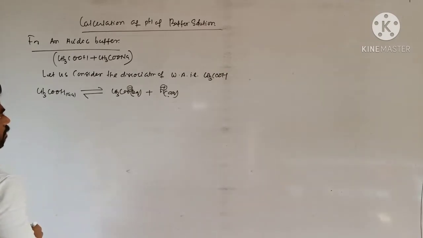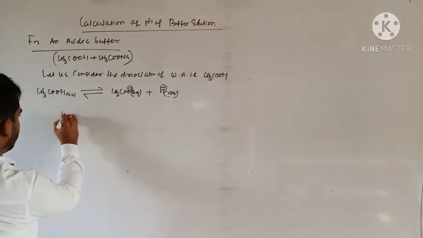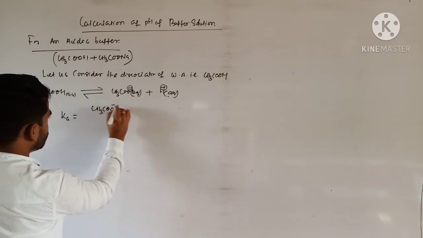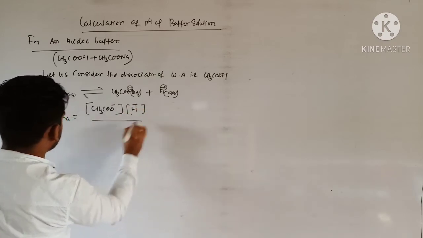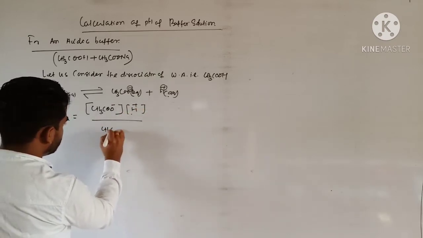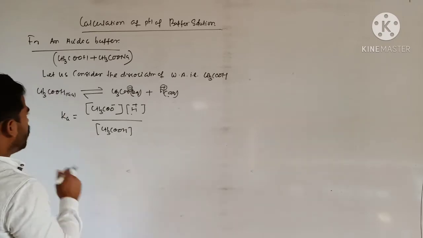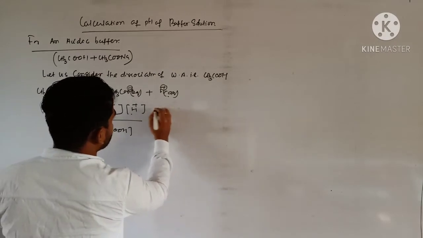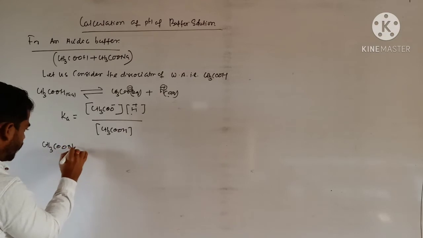Now if I need to find out the acid dissociation constant, that is Ka, that will be equal to the concentration of product CH3COO minus times H plus divided by CH3COOH concentration. Clear? Now look here. In this buffer there is also dissociation of a strong electrolyte, that is CH3COONa.